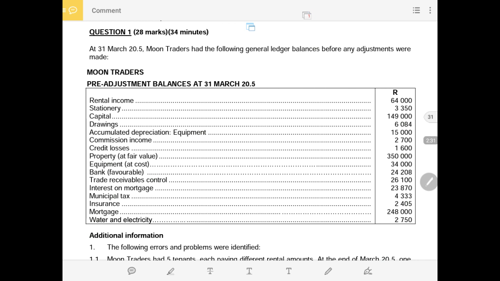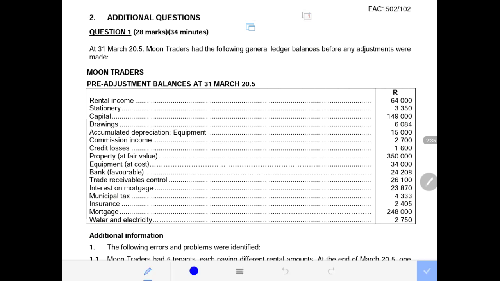Now, this is not either perpetual or periodic, but this is a service entity, and it's very important to be able to distinguish between the three income statements that you can be asked. I will do another one probably before the end of next week. That one will be based on the periodic inventory system, where we must calculate cost of sales by ourselves. But this one is a service entity.